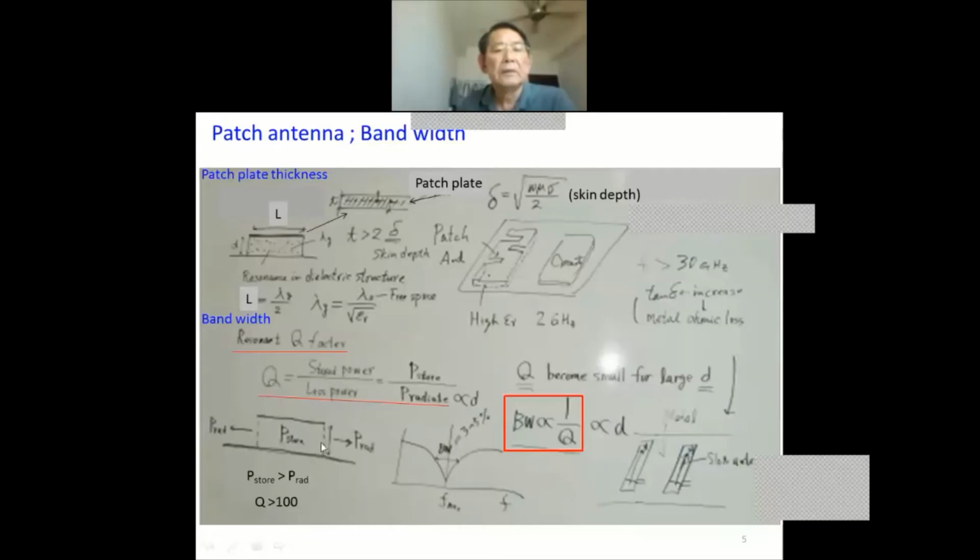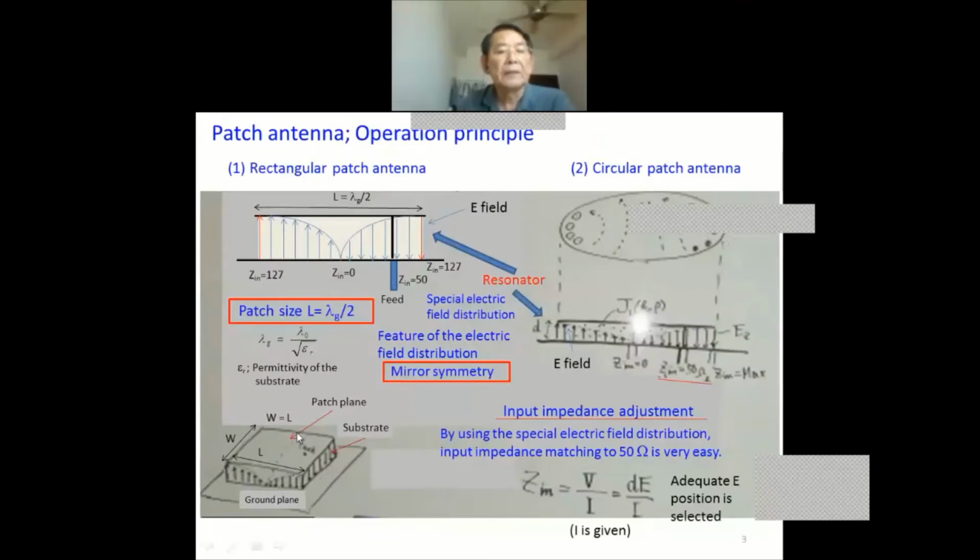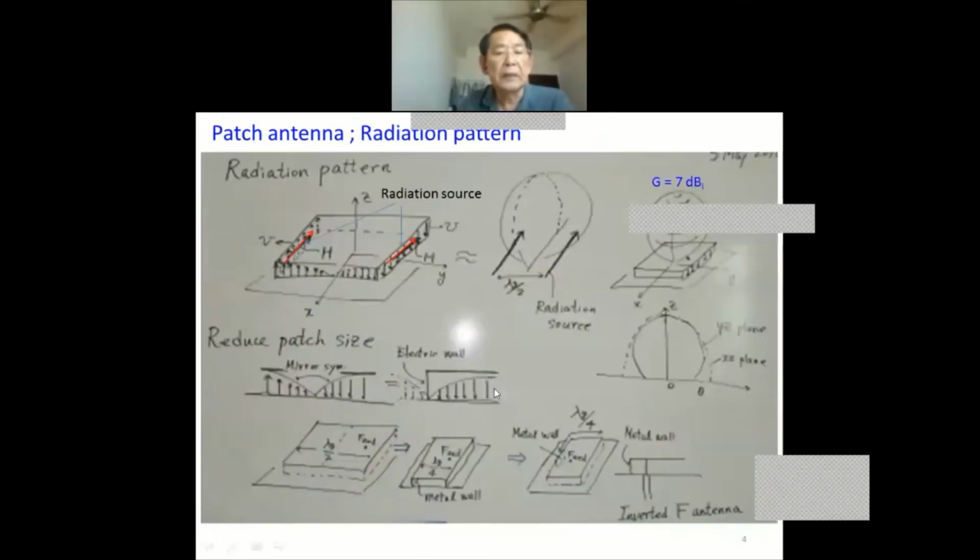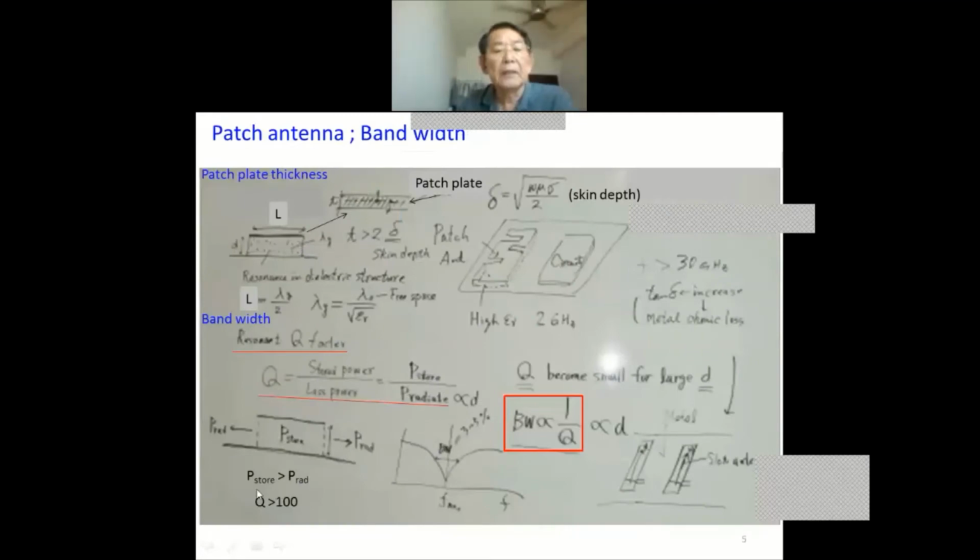So radiation happens outside and inside the patch, some energy is stored. In this patch antenna, this is a resonator. So the stored energy is considerably large compared to the radiation. So Q factor becomes almost larger than 100.